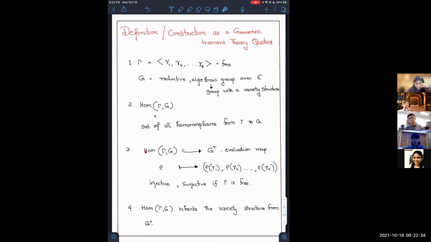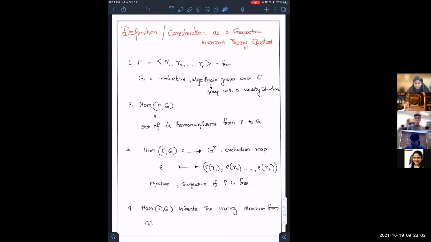So we can embed the Hom set, Hom(gamma, G), into G^r, the r-fold product of G, through the evaluation map. Gamma is generated by r elements, and it's a free group, so a homomorphism is completely determined by the images of the generators.